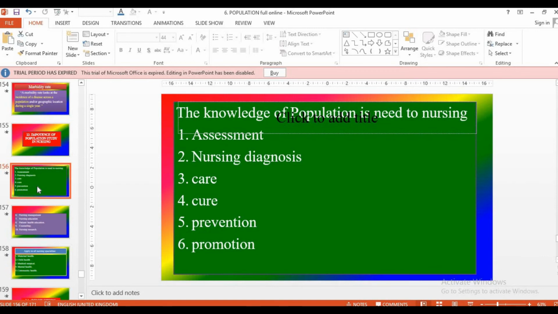When a patient comes into the hospital, in IP as well as OP, the OP chart and IP chart have a format for demographic data: age, sex, education, religion, occupation. These are the population characters.